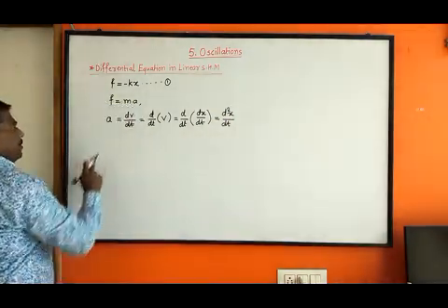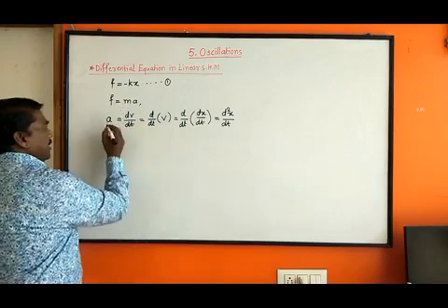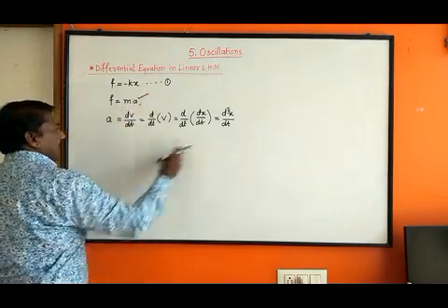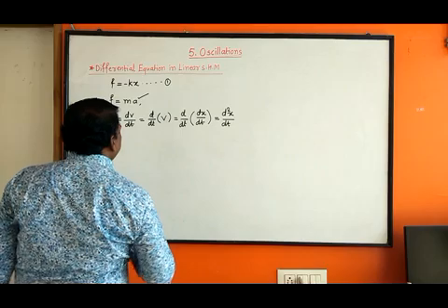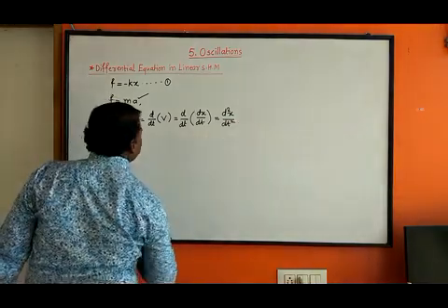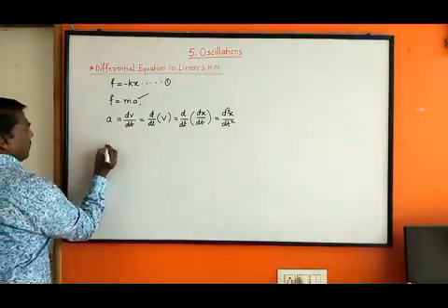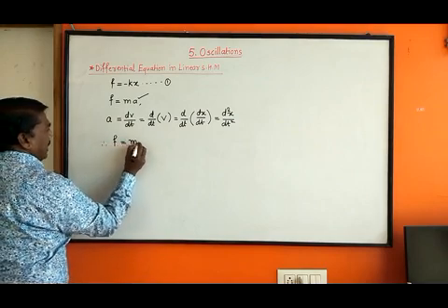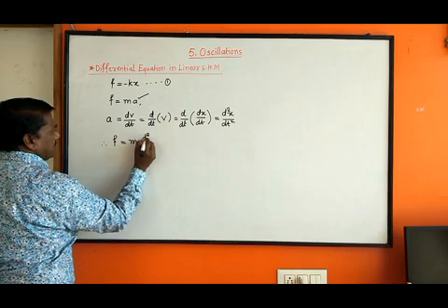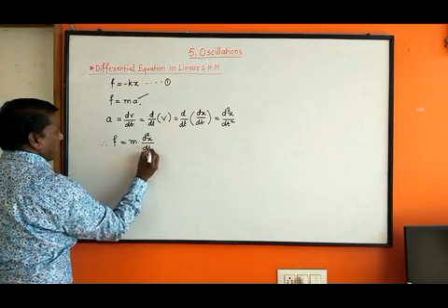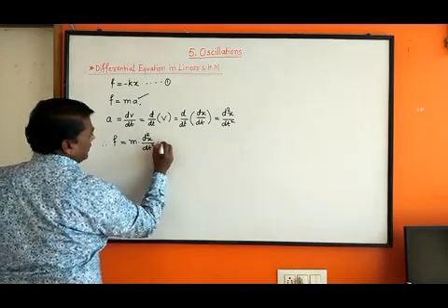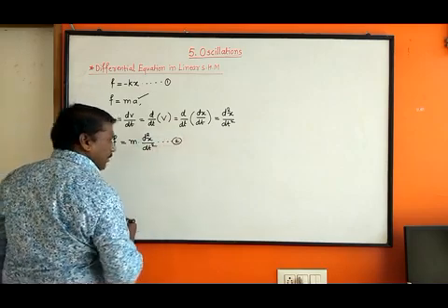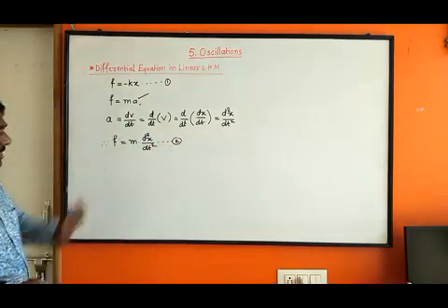So in this equation we can replace a and use d2x by dt square. Therefore F is equal to m into d2x by dt square. This is the second relation according to Newton's law in mathematical notation.